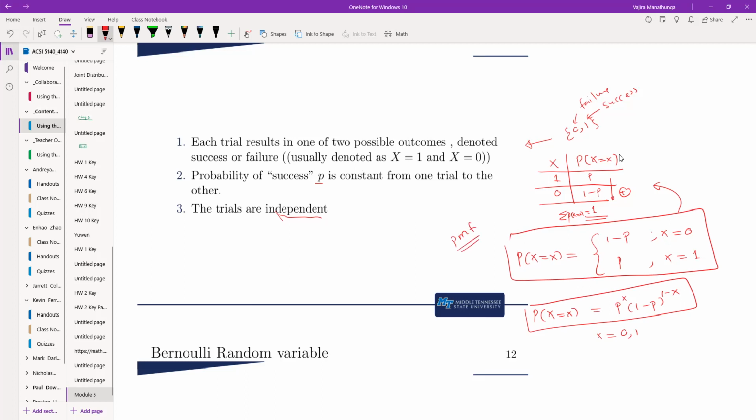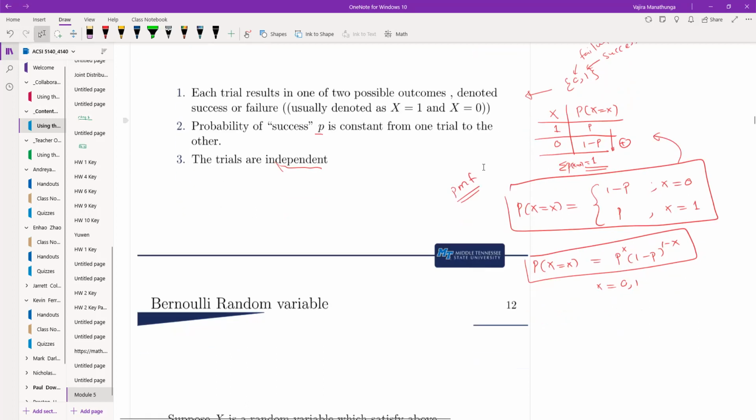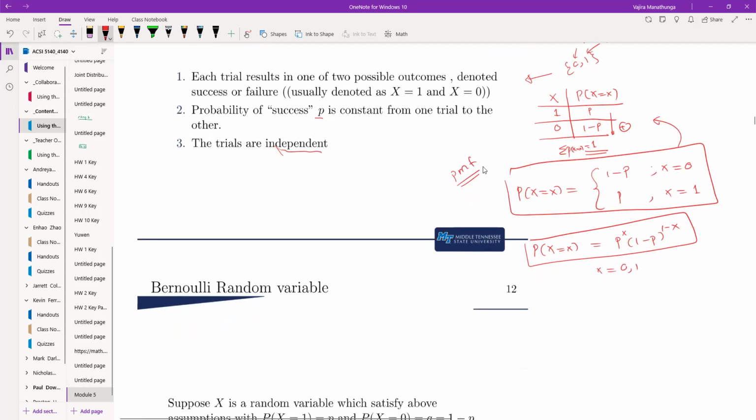Once you have that, you can calculate the mean and variance, which is going to be very simple. If you want to calculate the mean, you can use the traditional way. Let me introduce something new, called the moment generating function.